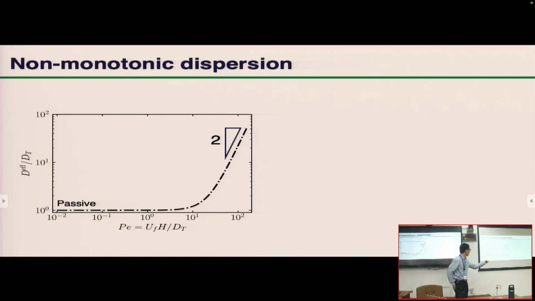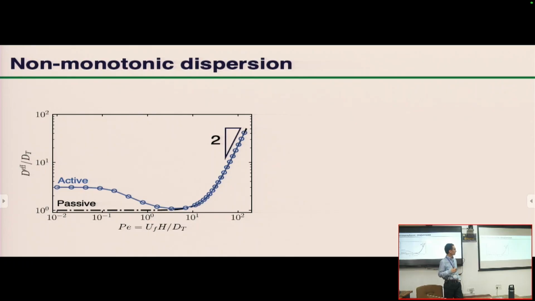When the flow goes down to 0, what should this value be and why? When you turn off the flow, the diffusivity of a passive particle is just the Brownian value, so you should go back to unity. That's 10 to the 0 on the left. And as your flow becomes faster and faster, you get more and more spreading for passive. This is a passive system, and that's the formula we discussed earlier.